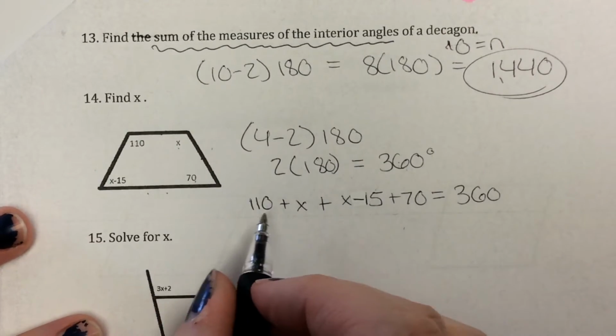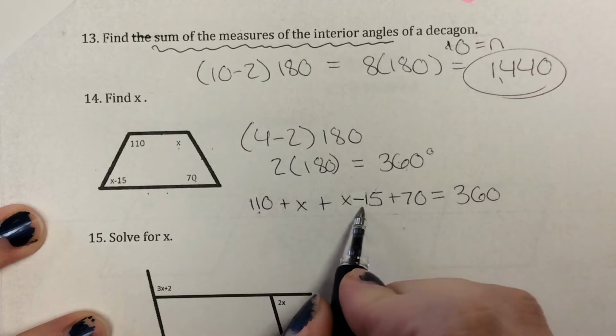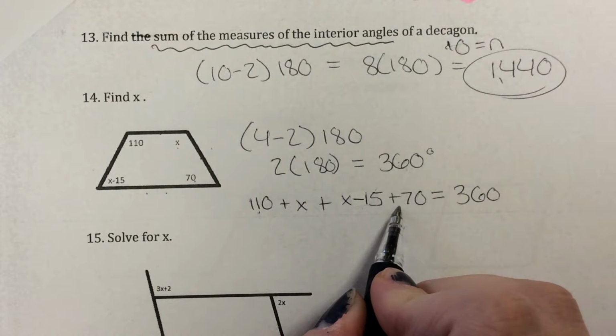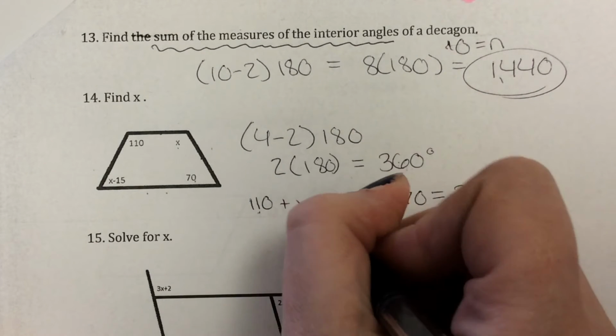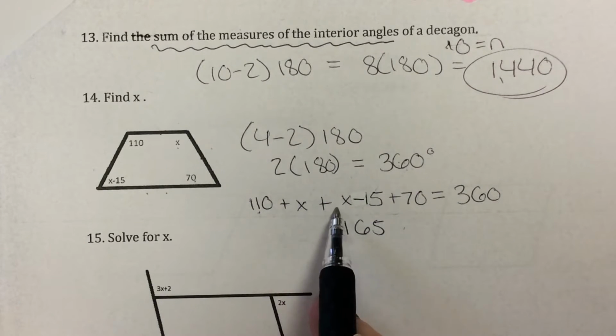Combine like terms and solve. We have 110 plus another constant, minus 15, and then plus 70. And we get 165. And let's add up all the x's. We have 1x and another x.